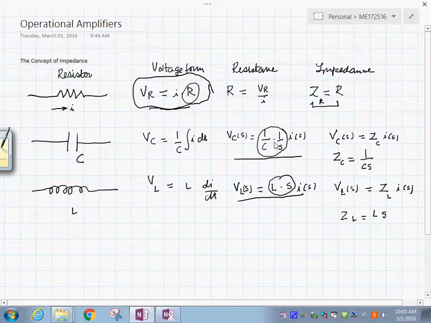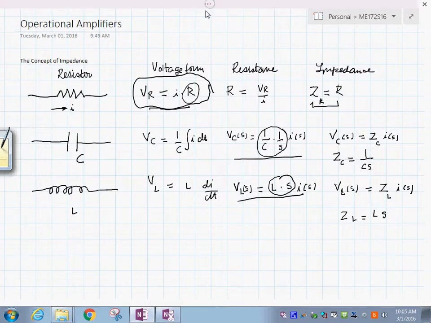So we could conclude, and maybe I'll circle with another color in here, about the concept of the impedance. For the resistor, the impedance is this. For the capacitor, this is the impedance right here. And for the inductor, this is the impedance right here.